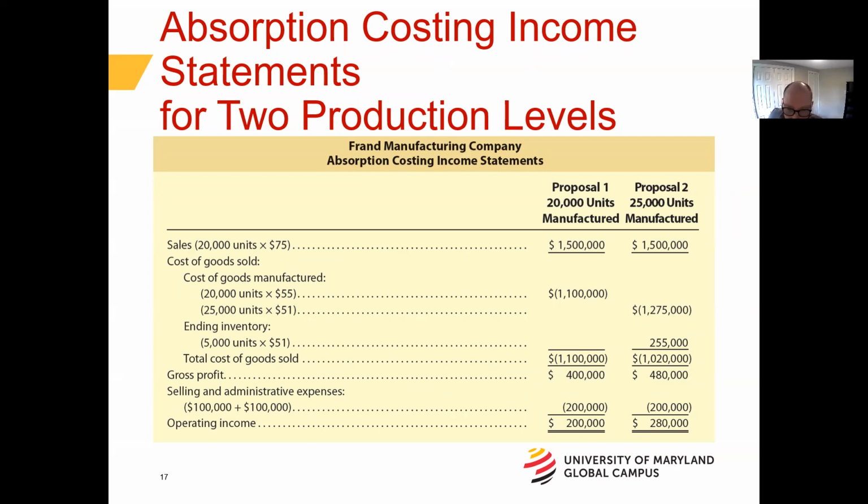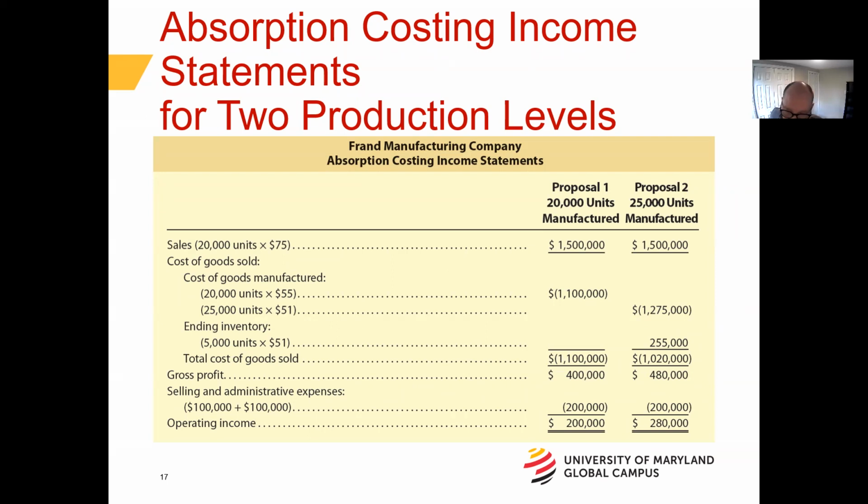You take your sales minus cost of goods sold equals gross profit. Under proposal 1, 400,000. Proposal 2, 480,000. Interesting.